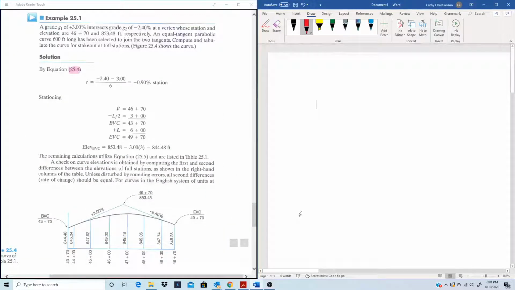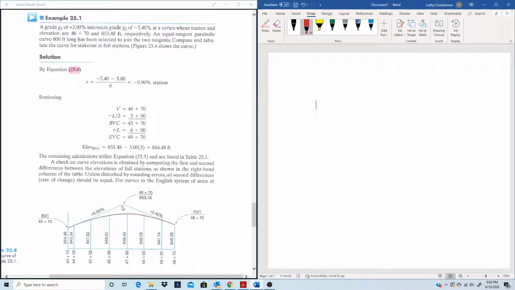Alright, so we're going to work example 25-1 in your textbook. That's page 763. We're given G1 of +3, so that is G1, 3.1.